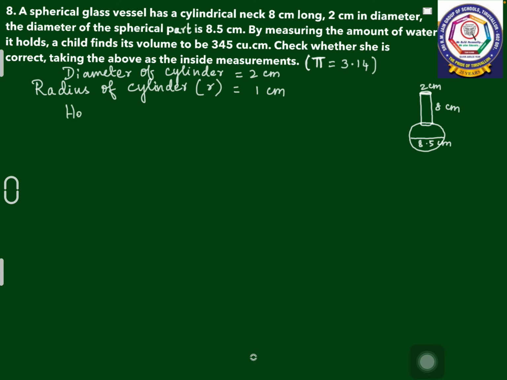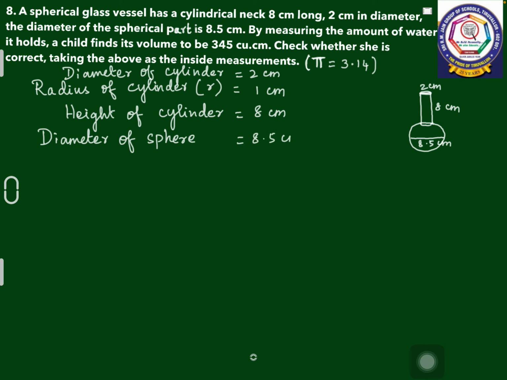Height of the cylinder is given as 8 centimeter. And the diameter of the sphere is given as 8.5 centimeter. So what will be its radius? I take it as capital R because its measurement is high, 8.5 by 2 centimeter.